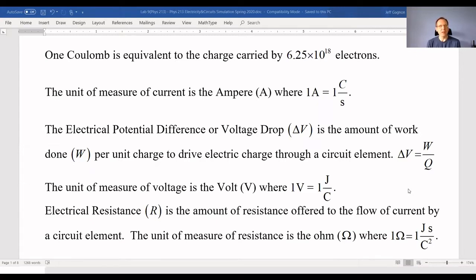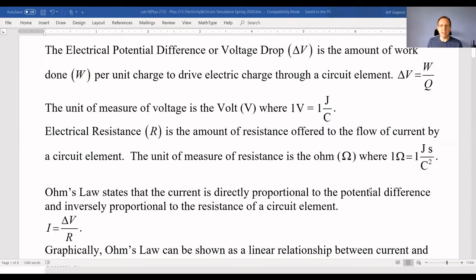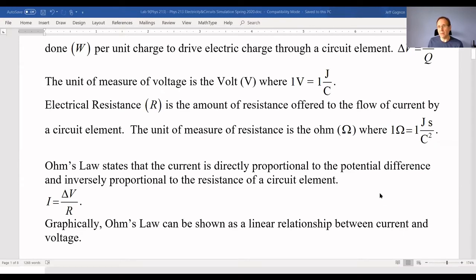It undergoes some chemical process to separate the charges, and then that can be used to drive a current through a circuit. And then electrical resistance is basically the amount of resistance offered to the flow of the current, right, when it flows through a circuit element. And that is measured in something called ohms. So resistance is measured in ohms.